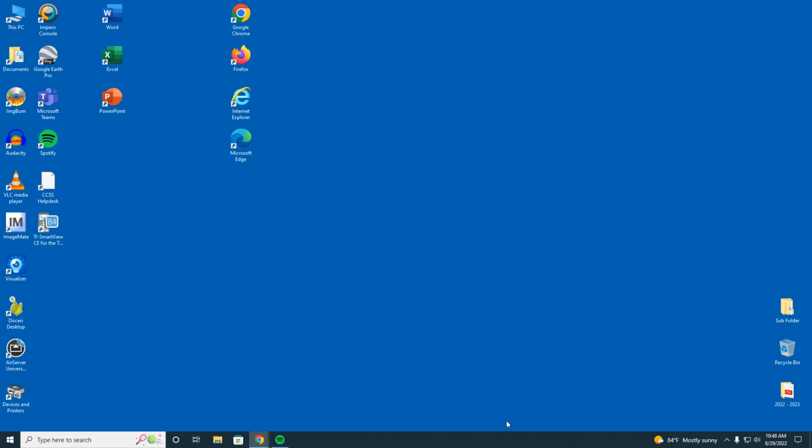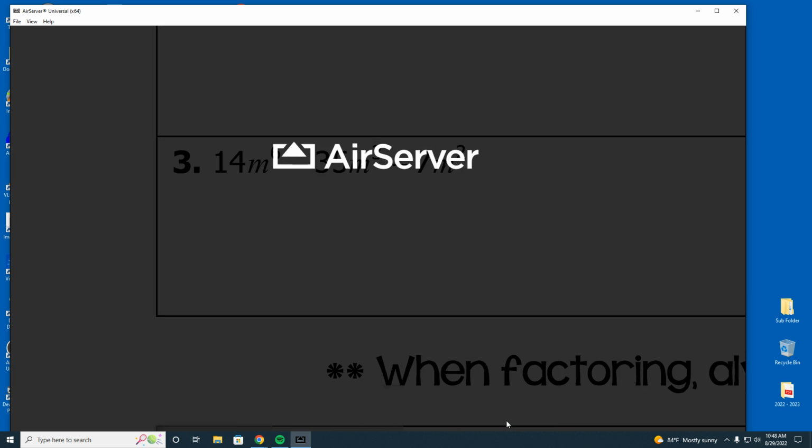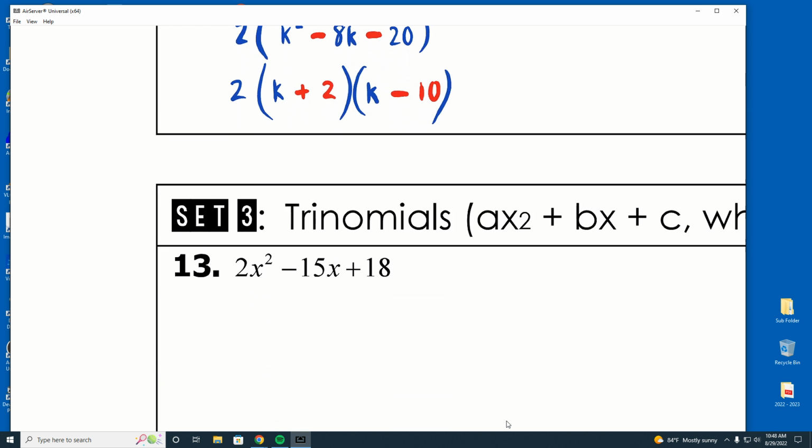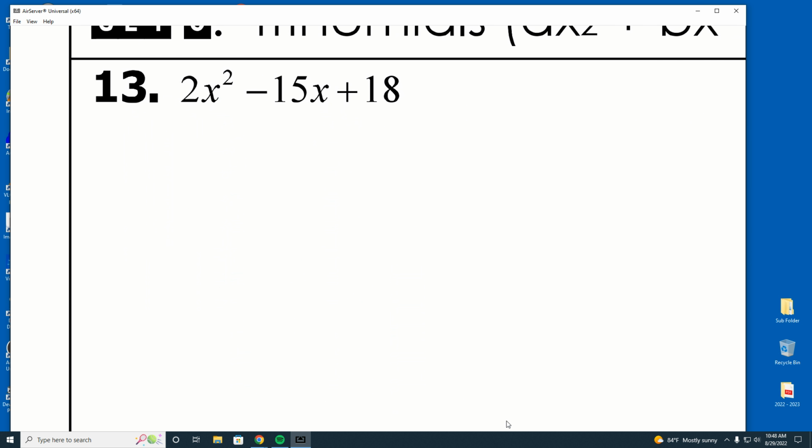So now look, we're on the factoring refresher notes, and we're looking down at number 13. The reason I wanted to go over the ones in the homework that we did not do is because I wanted to make this connection right here.